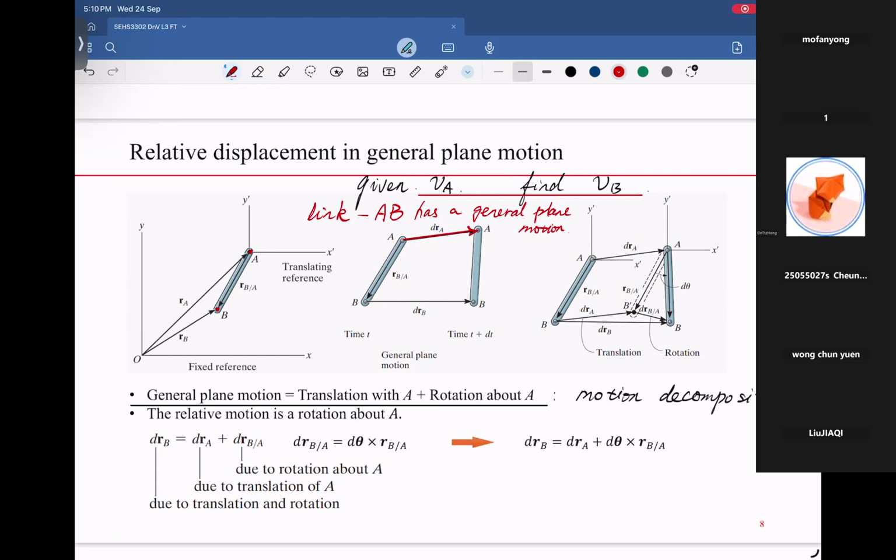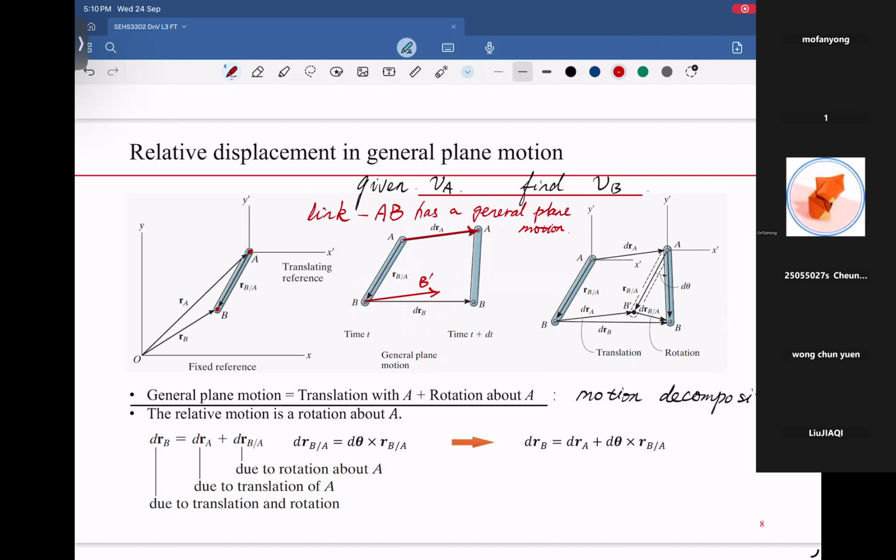And for B, we just repeat this one. So B comes to the new B. We call it B prime.